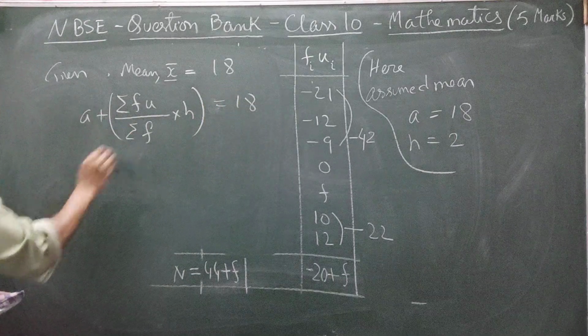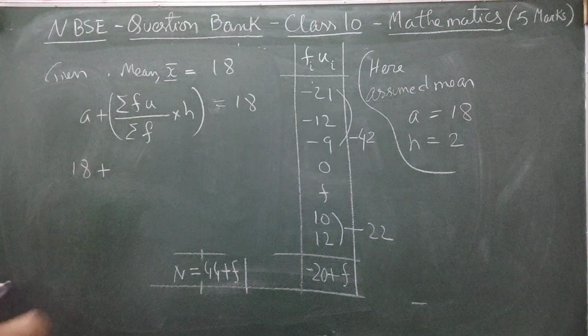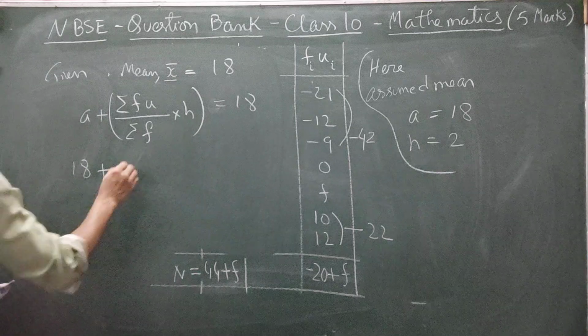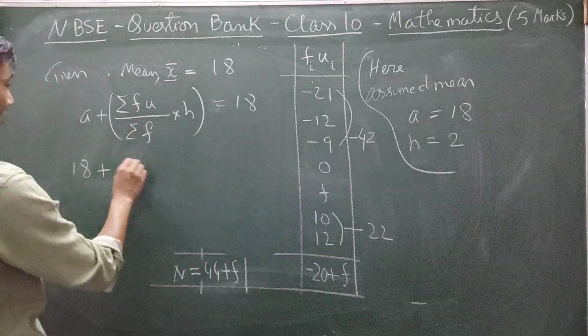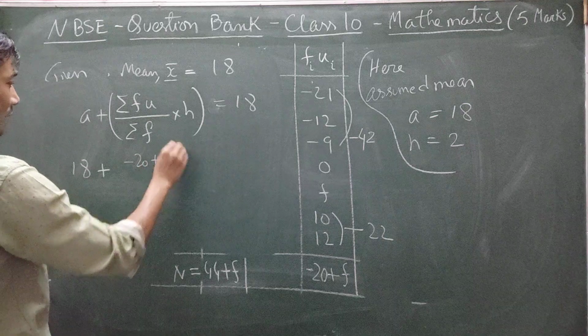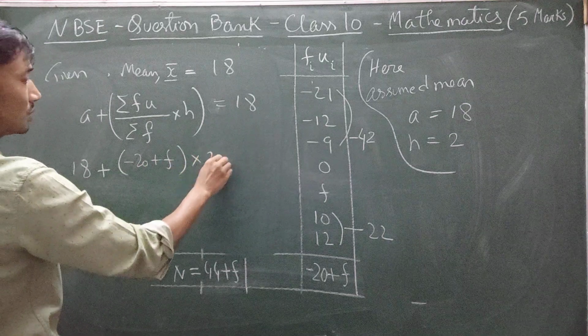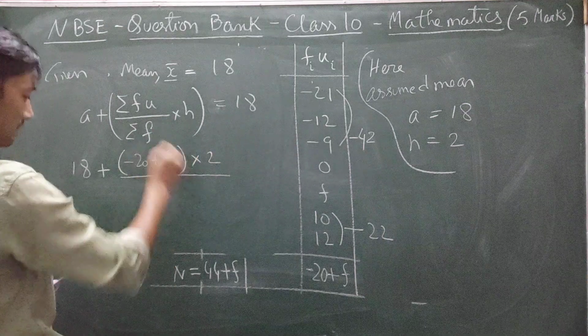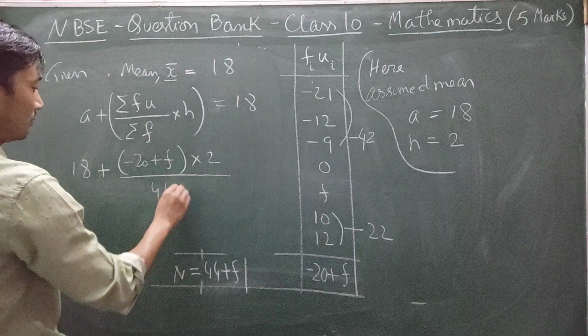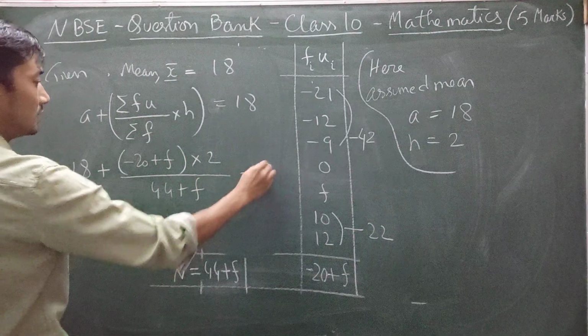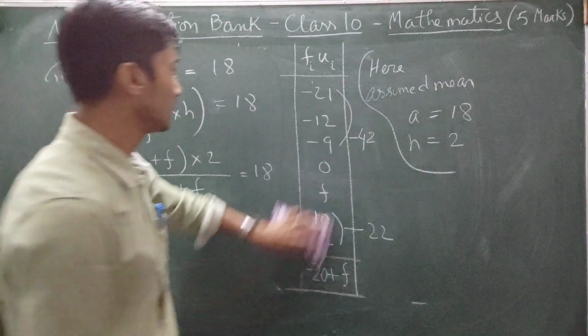What was our a? Luckily this time we assumed it to be 18. So 18 plus total of f into u, minus 20, into h, which was 2, divided by the summation of f, 44 plus f, is equal to 18. What is our job here?